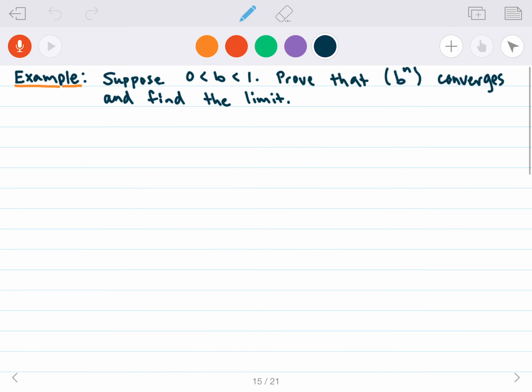Okay, so let's go ahead and do some examples where we figure out the limit of the original sequence by using subsequences. Suppose we have b in between 0 and 1, and we want to prove that the sequence b sub n converges, and we want to find its limit.